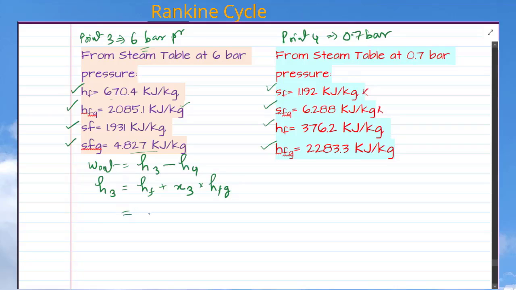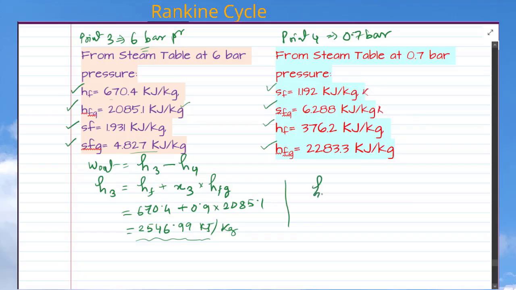Putting in the values, hf equals 670.4 kilojoule per kg, plus x3 equal to 0.9 multiplied by hfg equal to 2085.1 kilojoule per kg. Doing the calculation, we get the value of H3.